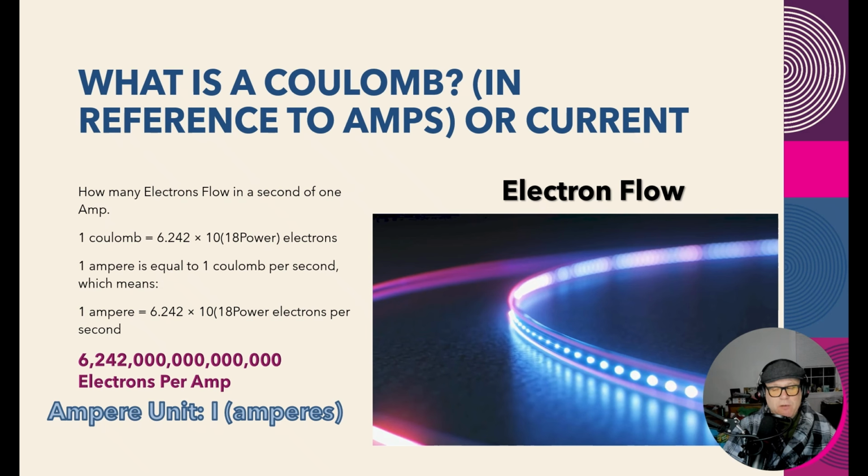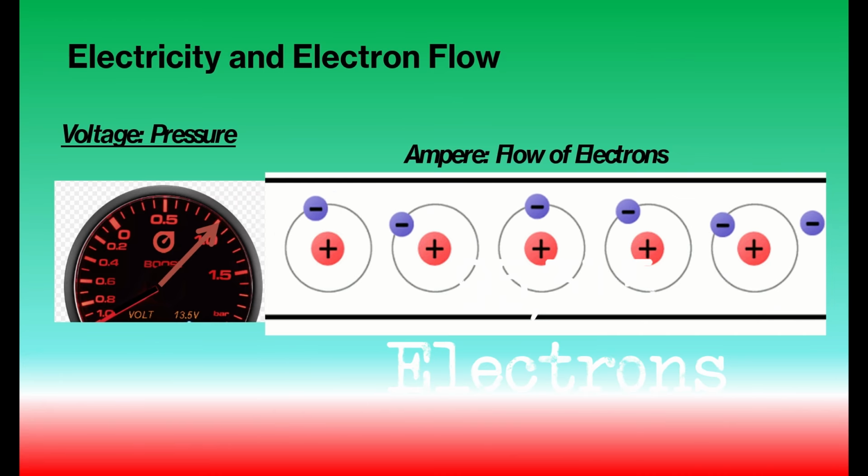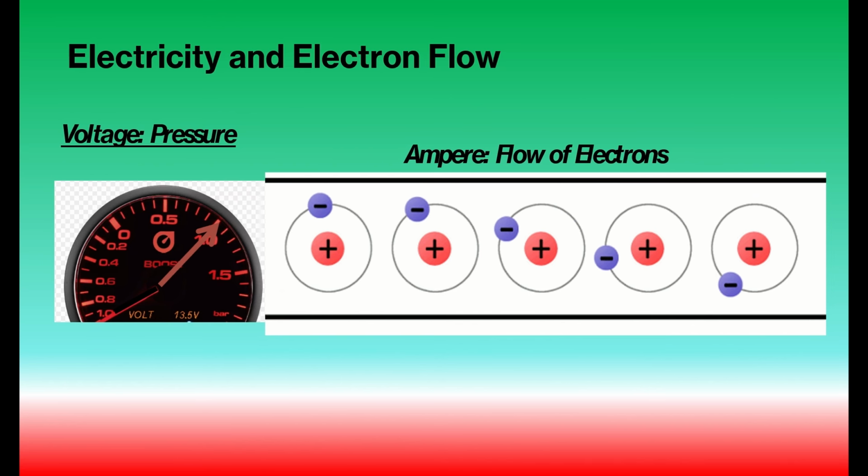That is equal to a million, billion, trillion, quadruple trillion, 6. That's a lot of electrons in 1 amp. It's a massive amount of electrons.